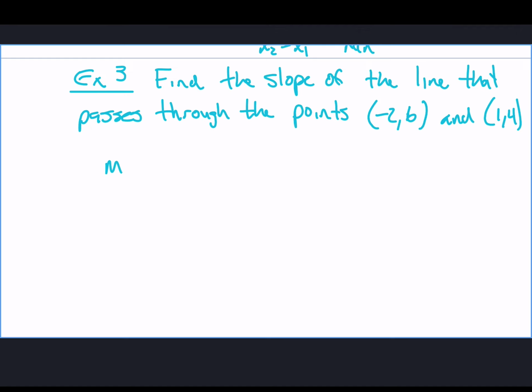So again, what's our formula for slope? y2 minus y1 over x2 minus x1. Now this will be on your formula sheet for when you take a test, just so you know. Does it matter which point we choose to be x1, y1, and which point we choose to be x2, y2? No, it doesn't matter.